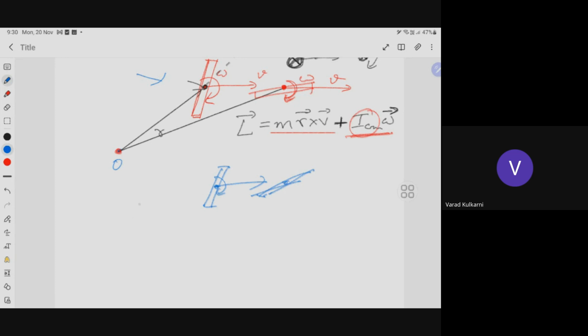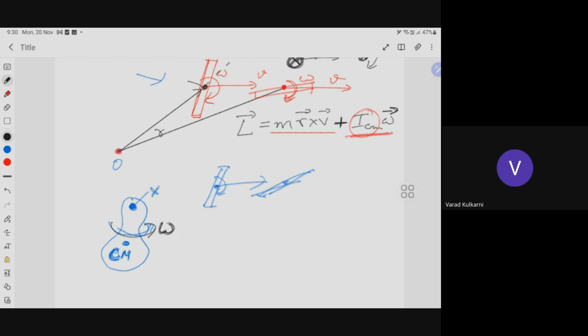Versus, suppose I have a certain shaped pendulum and it has got a fixed point of rotation. CM is somewhere over here. This is the CM, and this is a fixed point of rotation. What is the angular momentum if it is rotating with omega?